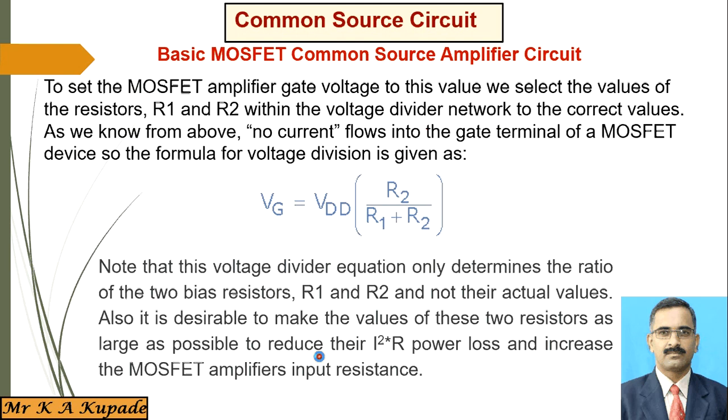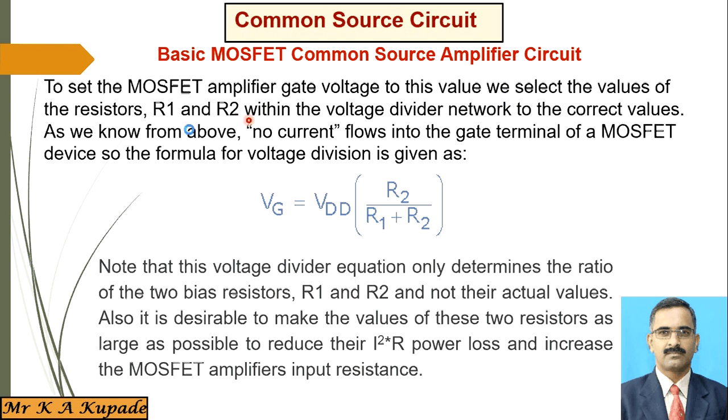Now, to set the MOSFET amplifier gate voltage to this value, listen carefully, because R1 and R2 are nothing but the voltage divider network used for biasing purpose.